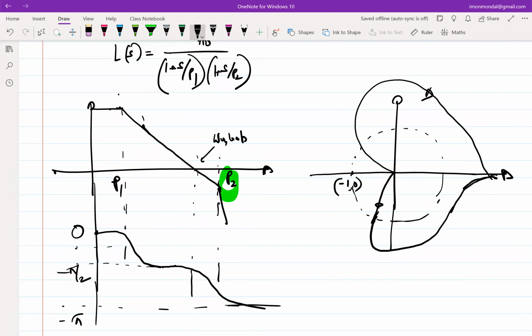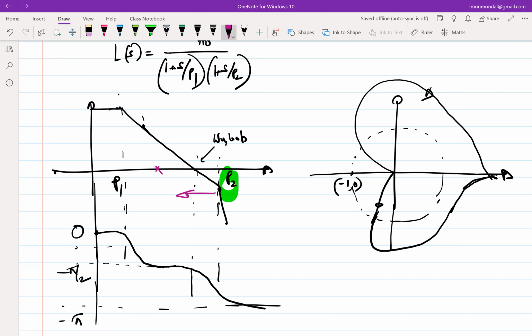So now the fun starts. What happens if P2 moves? Let's assume that P2 is moving in such a way that it comes somewhere over here. If P2 comes somewhere below the current UGB, obviously the UGB will then change.